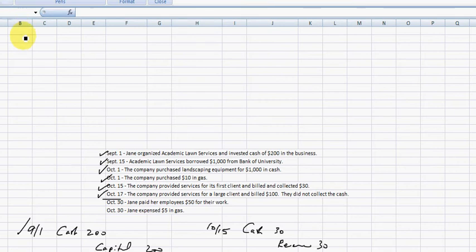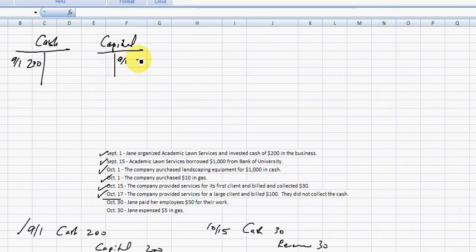On 9/1 we have a cash T account. Here's our ledger. On 9/1 we have cash of $200, and then we have capital here on 9/1 of $200.